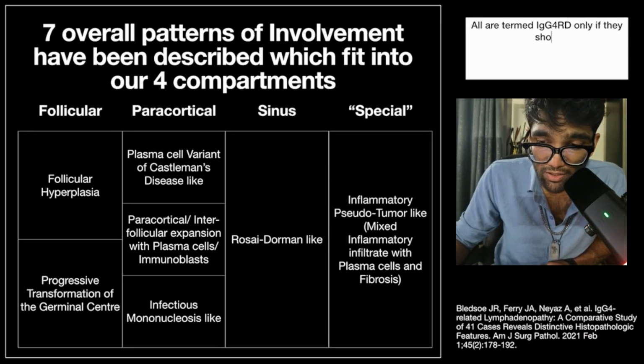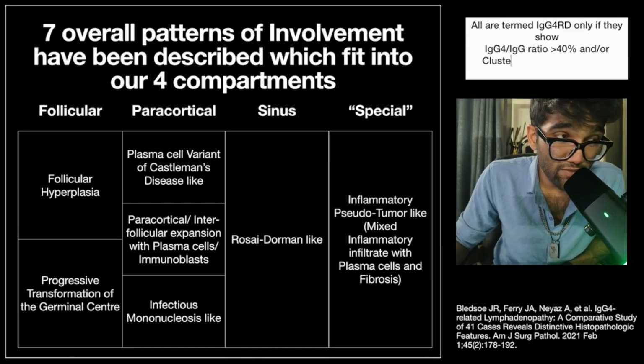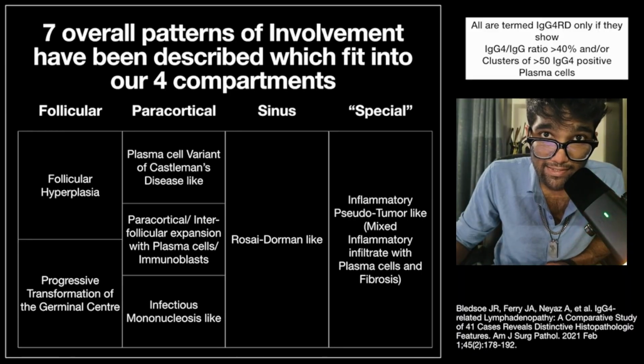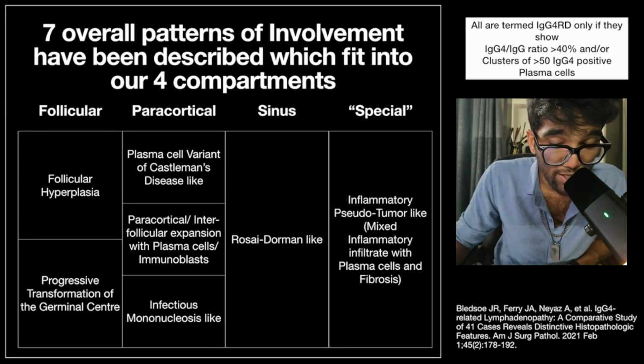So all of these entities are termed IgG4, but only if they show either one of these two things. That is, there is an IgG4 by IgG ratio of more than 50%, meaning more than 50% of the plasma cells in the tissue express IgG4, not the other IgG subtypes.